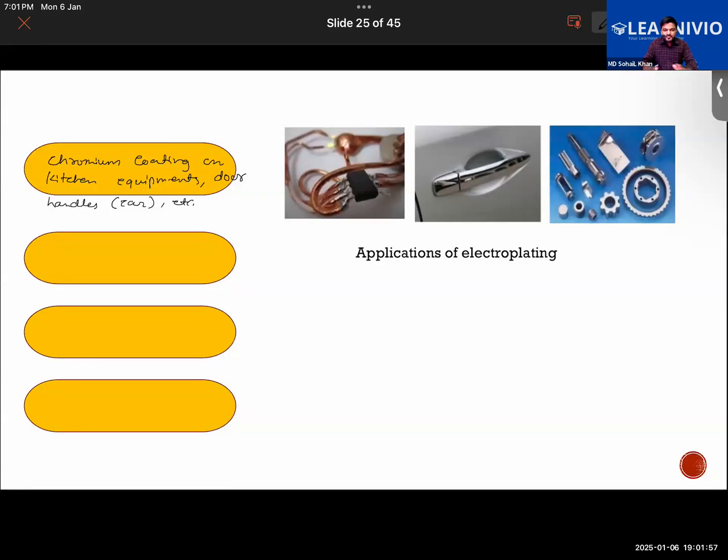Next, a lot of medical equipment is made of nickel, but nickel is harmful to the body, so its contact should be avoided. Contact of nickel with the body can be harmful over a long period. It can cause skin rashes and allergic reactions.